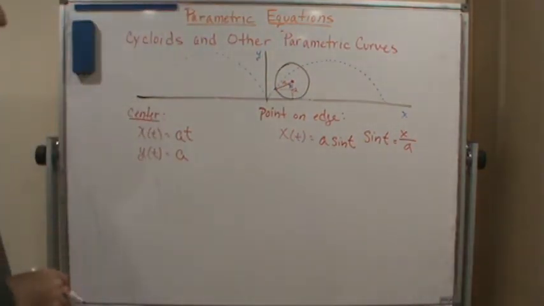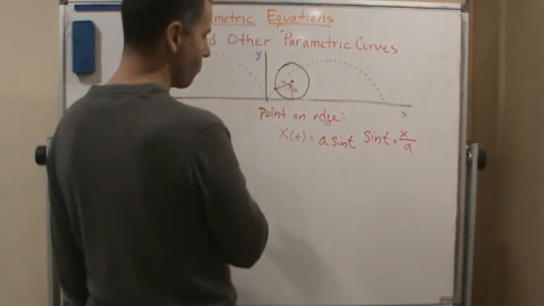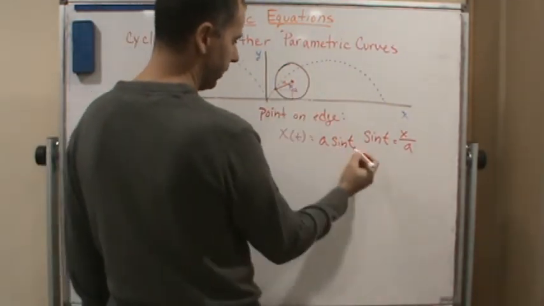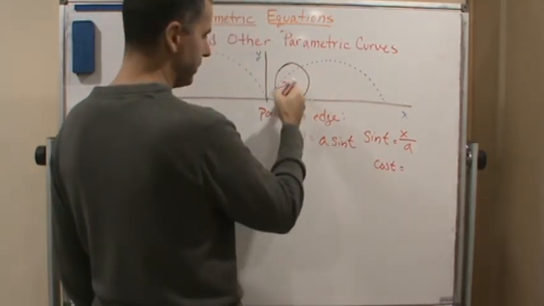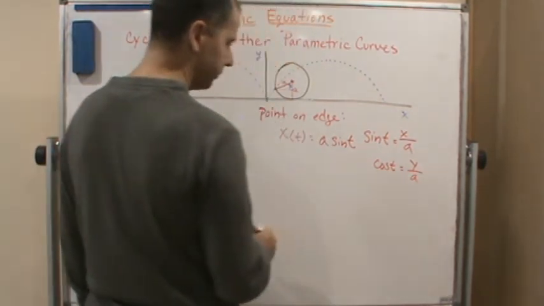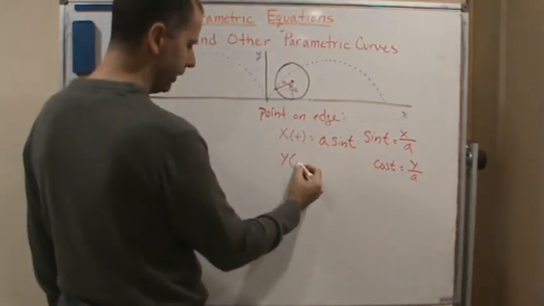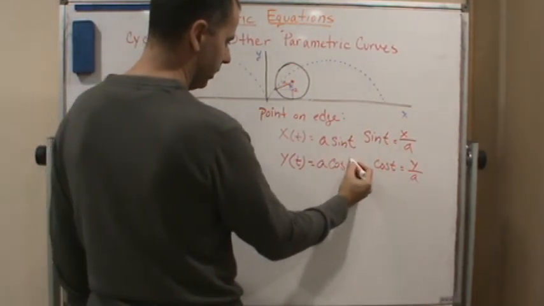So that's one. And then similarly, I can do cosine, because then I've got the y direction. Cosine t is going to be adjacent over hypotenuse, which is going to be y over a. So then I can get y of t equals a cosine t.